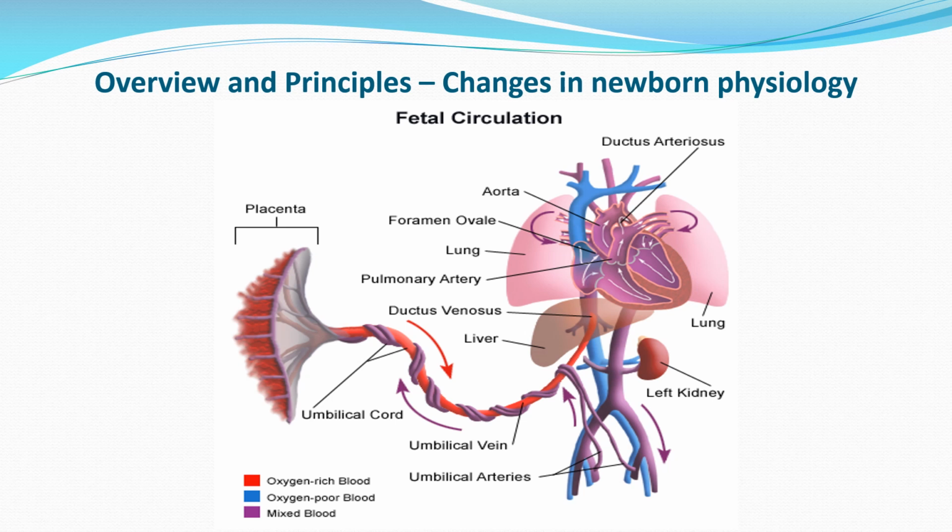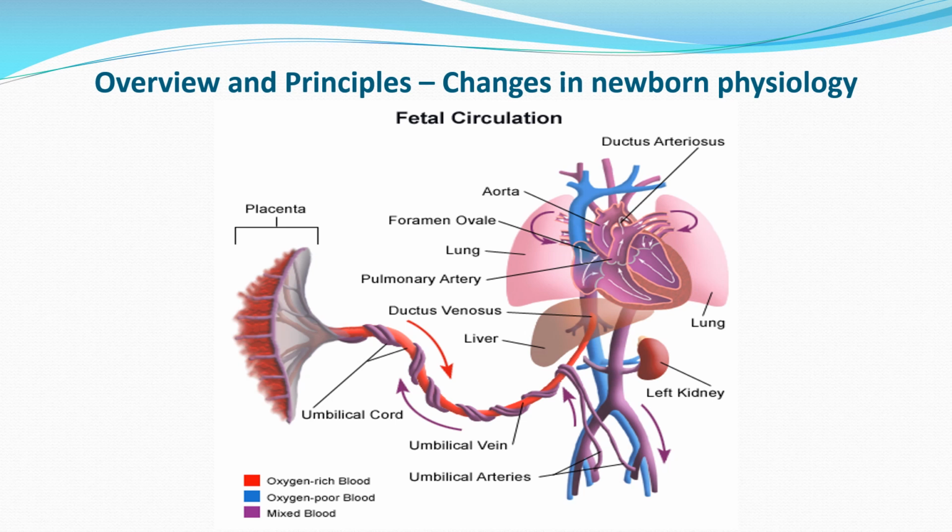This is in utero. From the aorta, the blood containing oxygen and nutrients goes to the whole body, and some of it turns back through the umbilical arteries to the placenta.